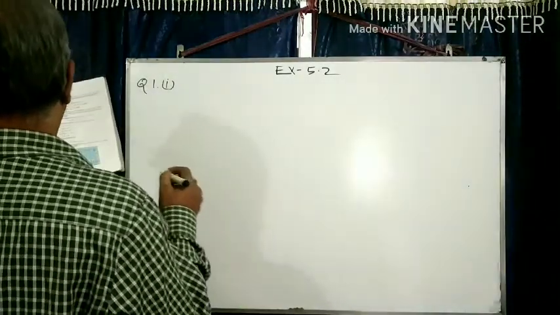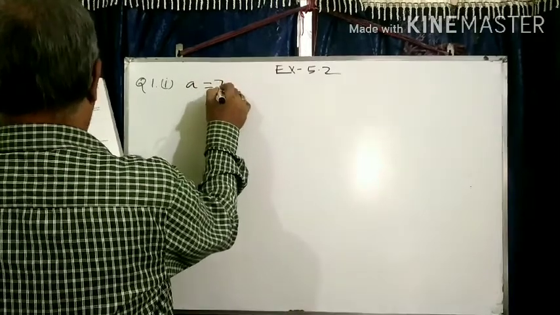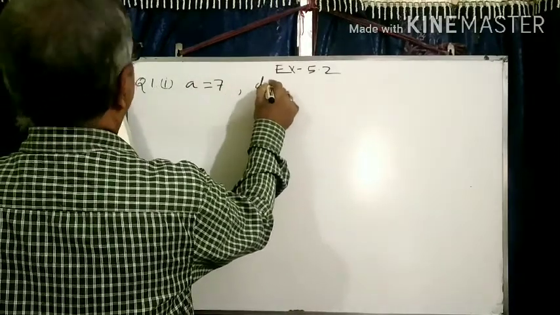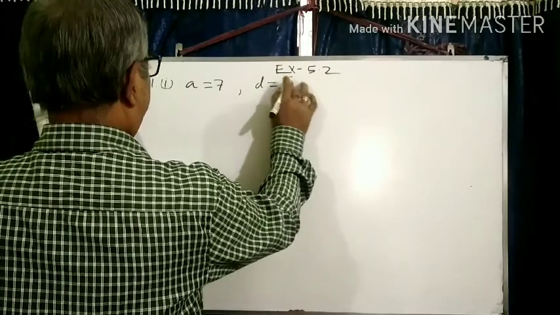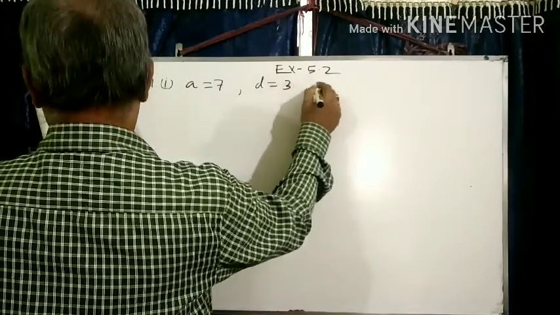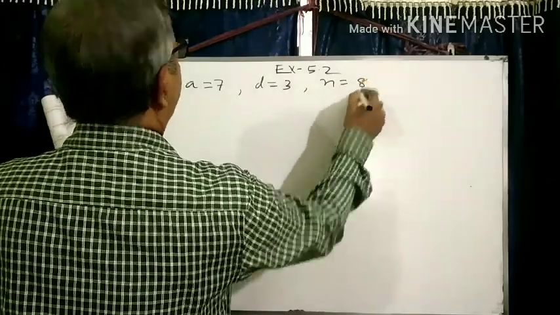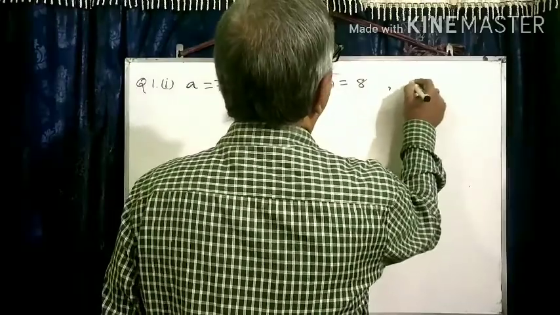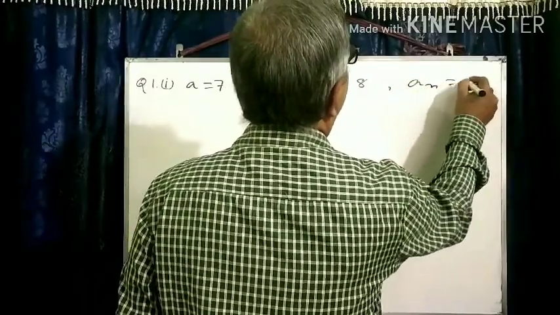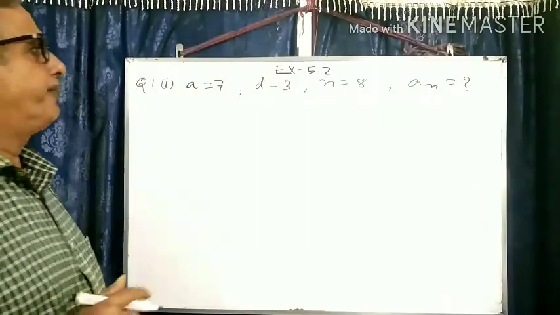Here A is equal to 7, D is equal to 3, N is equal to 8, and what do you have to find out? An is equal to what? Means you have to find out the nth term.